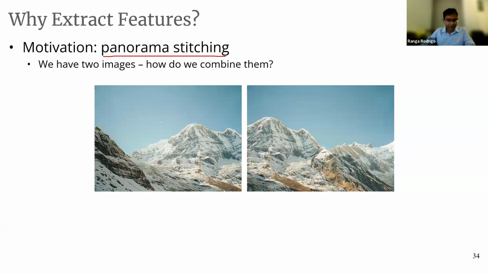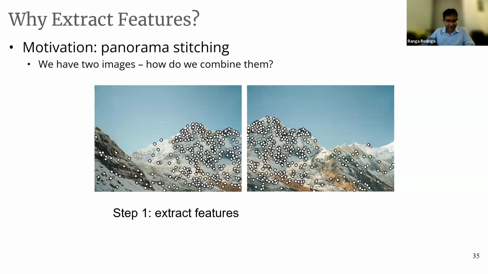For example, if you have two images of the same scene, we can extract these so-called features. And the same features, for example this one, can be redetected in the other image also.